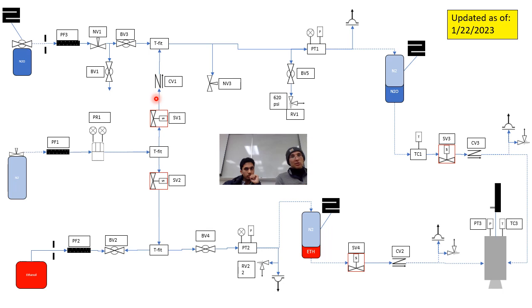The reason we open SV1 and SV2, and it's okay to open them simultaneously and allow that whole system to be open, is that nitrogen at that point would be the driving force, and we'd have flow going from this bottle, really driving any nitrous oxide that's left in this tank or in this tank along that feed line, and same here. It'd be really driving it, so the flow gradient is clearly moving away from this T-fitting in this section, which is kind of a danger zone if they were to mix.